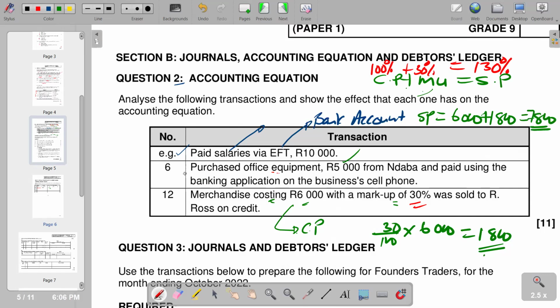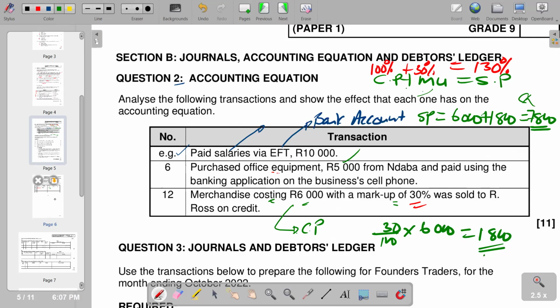So we are going to have two double entries, a double entry at cost price and then a double entry at selling price. So at cost price, we are going to debit our cost of sales, and then we are going to credit our trading stock.